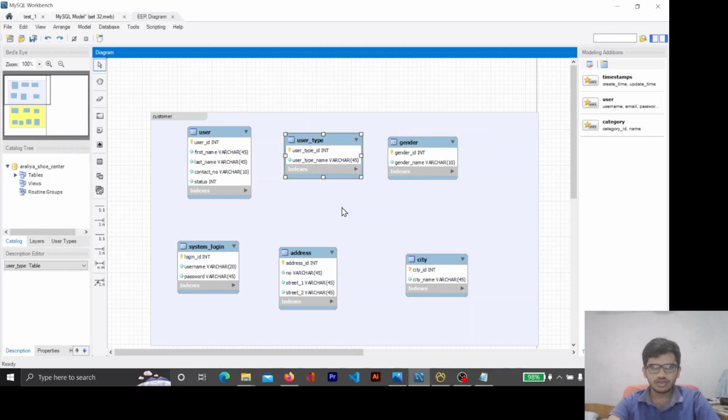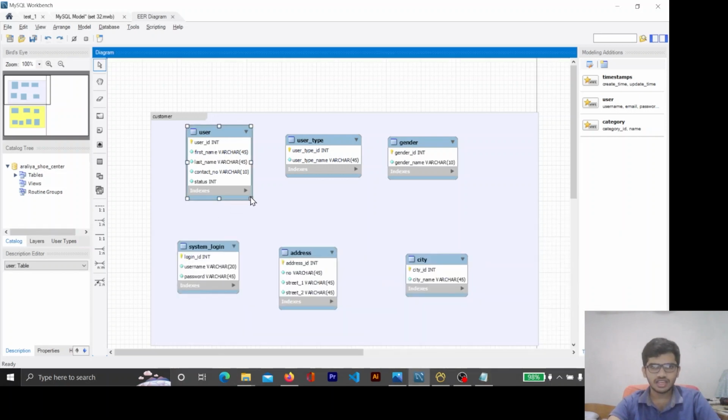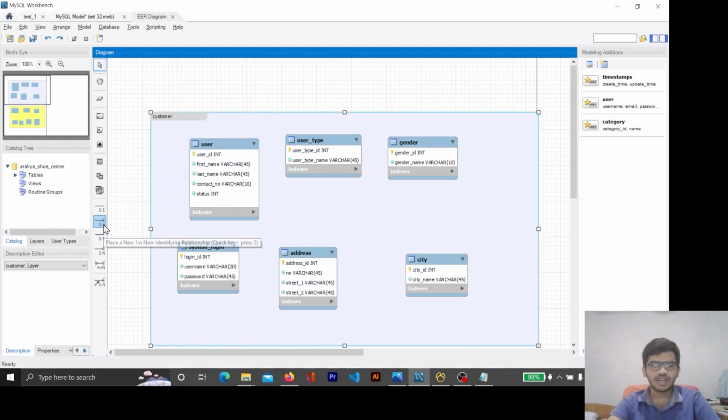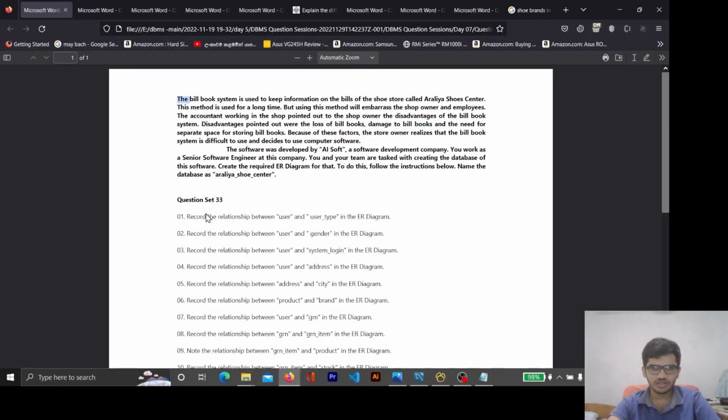Each time a normal customer registers, the user type is repeating within the user table. To avoid that, you can create a one-to-many relationship between these two tables. User is the repeating side and user type is the non-repeating side. That's the logic for completing the first question.